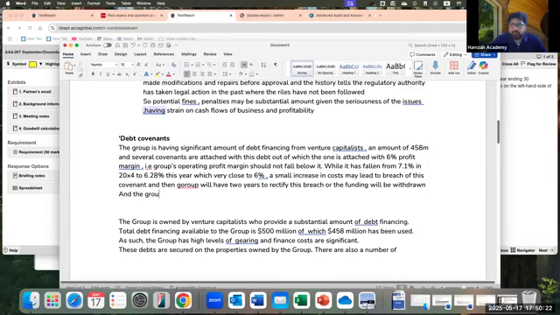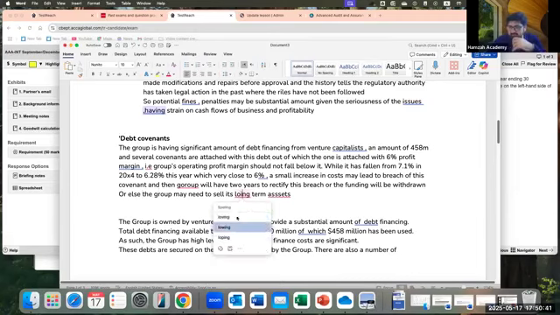And the group may need to sell its long-term assets to pay off the loan amount. Yes.